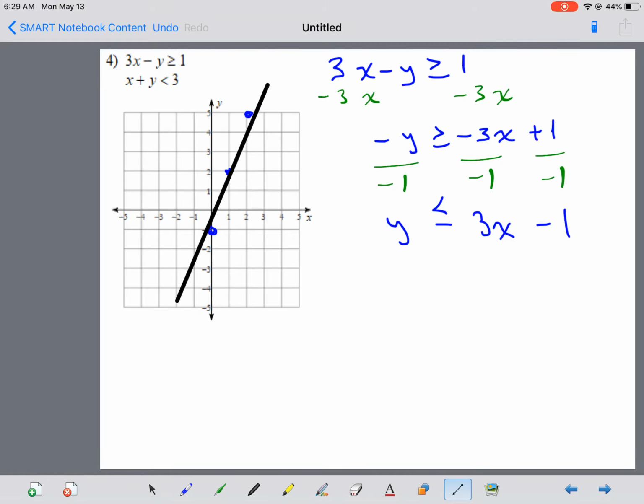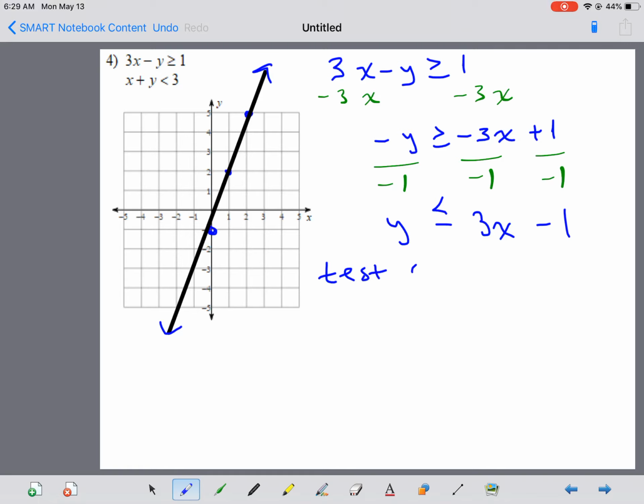So let's connect the points. All right, got to adjust my line just a little bit. There we go. Let's add our arrowheads.